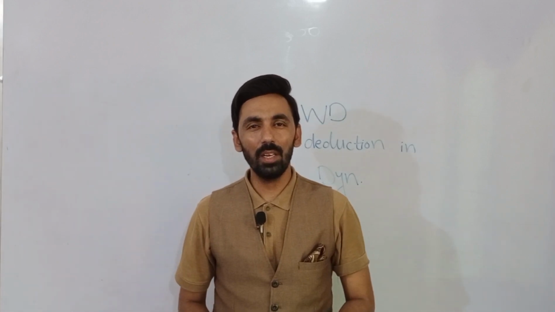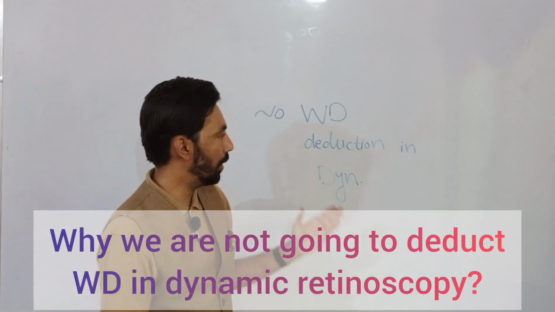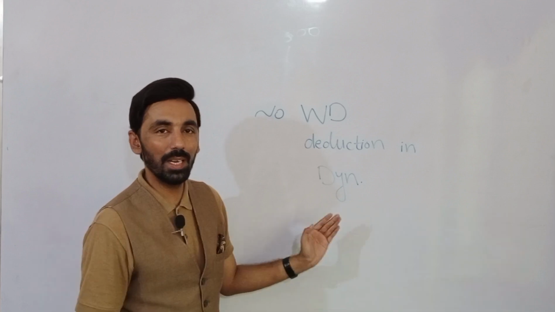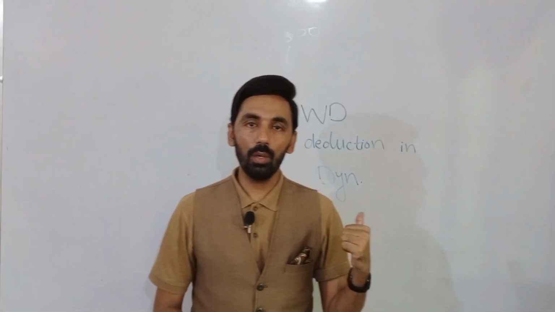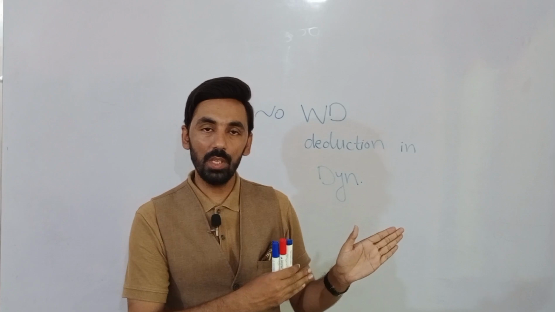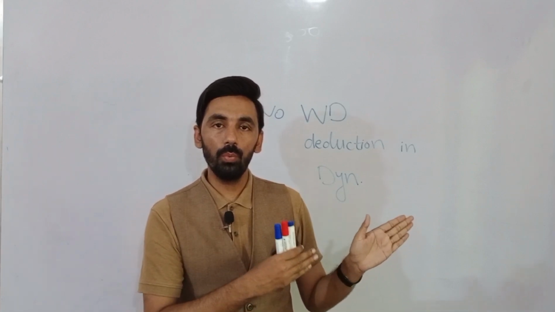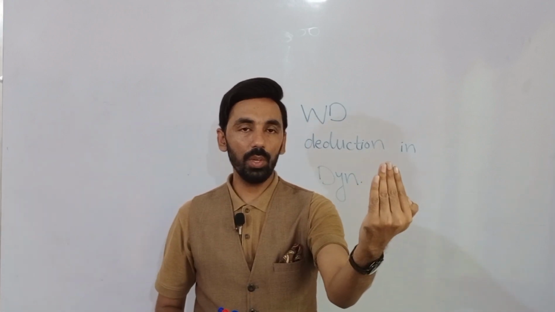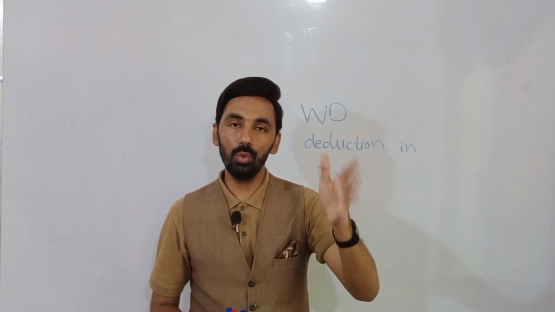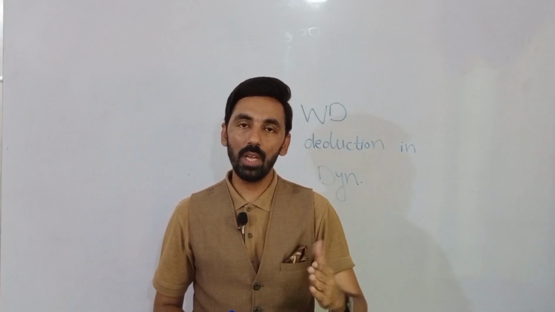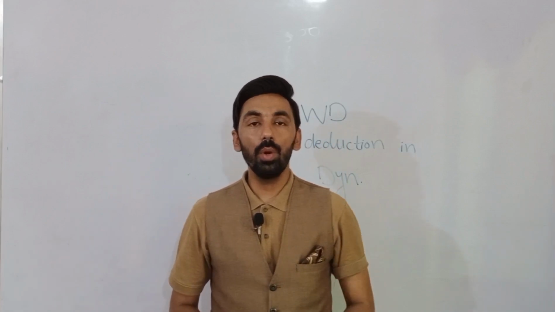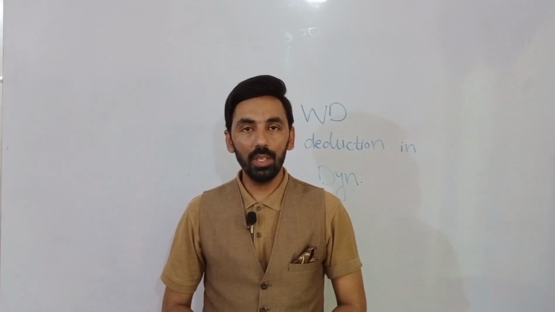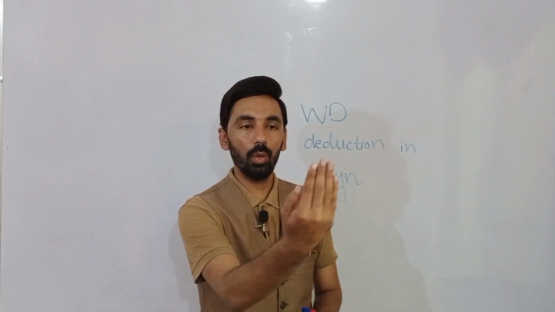So the question is, why are we not going to deduct the distance in dynamic retinoscopy? The answer is that dynamic retinoscopy is always used to find the lead or lag of accommodation at a specific working distance. Actually, dynamic retinoscopy is used to fix the problems at near. I'm talking about adults. The working distance is the distance from where you perform the retinoscopy.